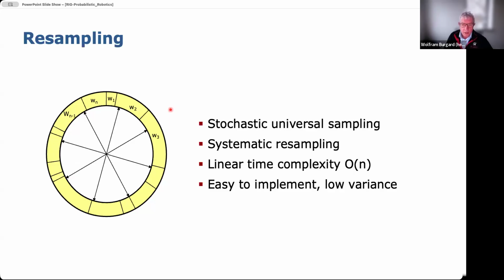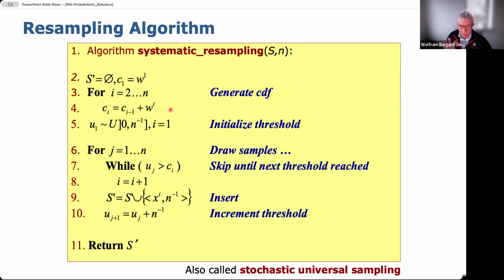It has relatively good complexity: we only need to touch every particle once. It is easy to implement and has low variance, so when you repeat this over and over, the number of selected particles is not too diverse. I don't have time to go through this, but it's a pretty interesting algorithm.